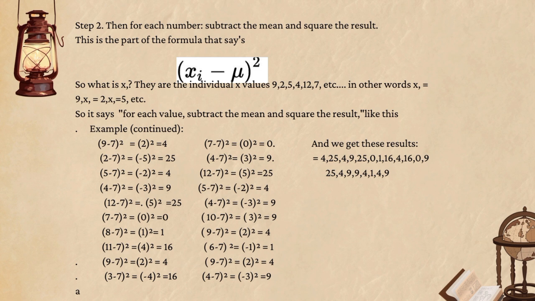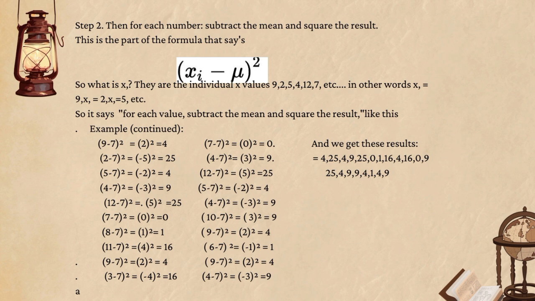So, ganun lang ang pag-compute hanggang sa makarating sa pinakang dulo, which is yung 4 minus 7 squared is equals to negative 3 squared is equals to 9. So, ganyan lang ang pag-compute hanggang sa matapos nyo yung 20 batches ng rows ni Sam.